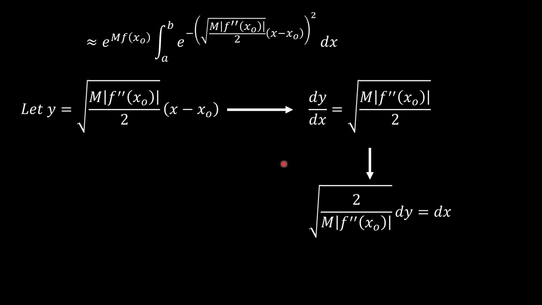Then let's see when x equals a, and since a is less than x naught, we're going to see how we can take a to infinity as we are moving the variables from the x domain to the y domain.